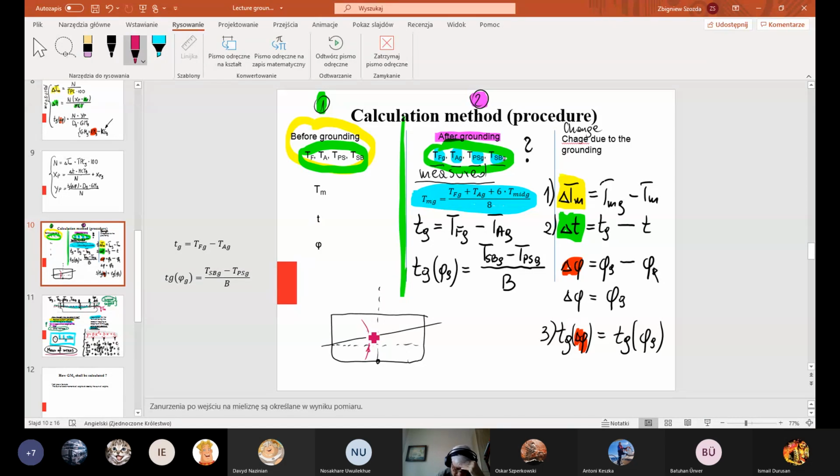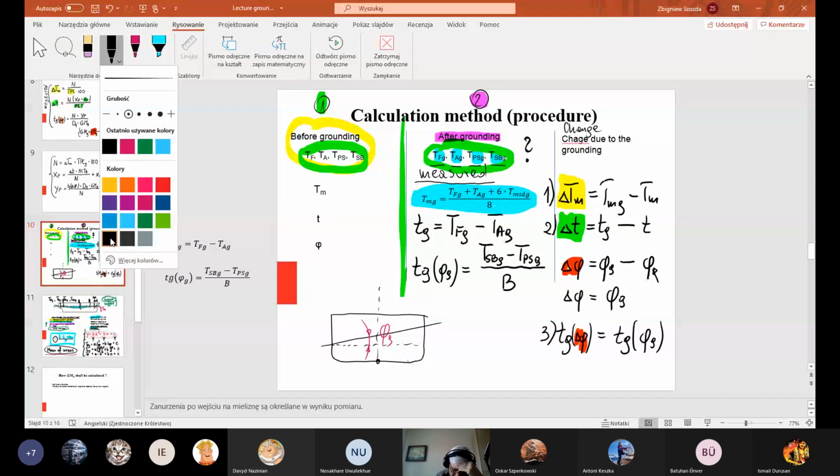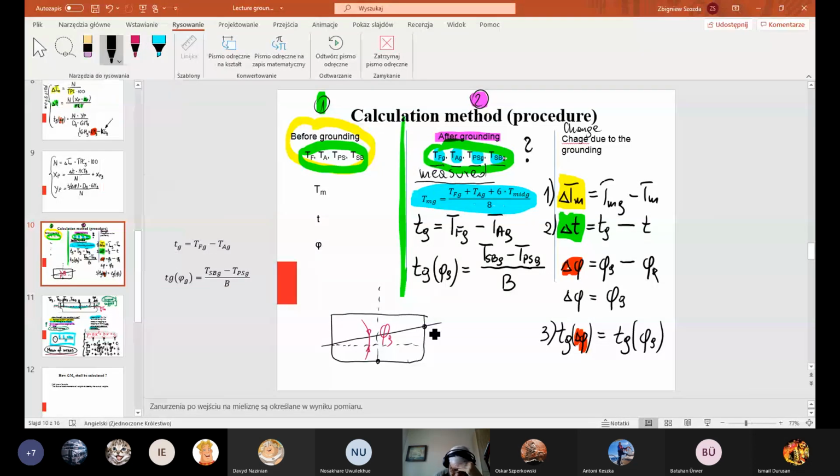This is phi g, our angle of heel. So what could be the formula? Very simple. Starboard side draft measured after grounding, so it will be T starboard after grounding. Here we have the port side. Once again.